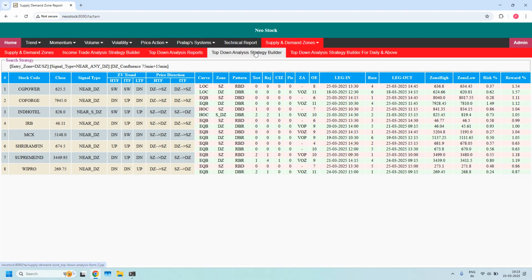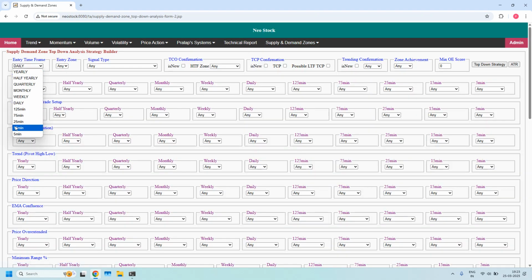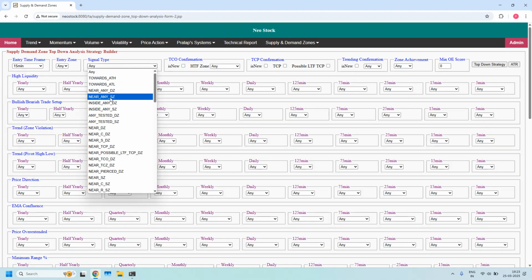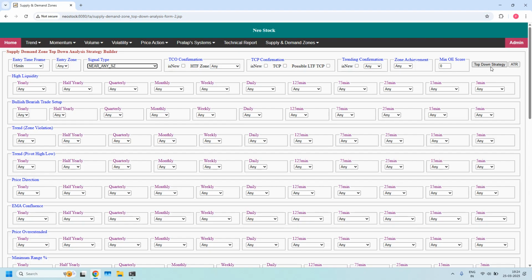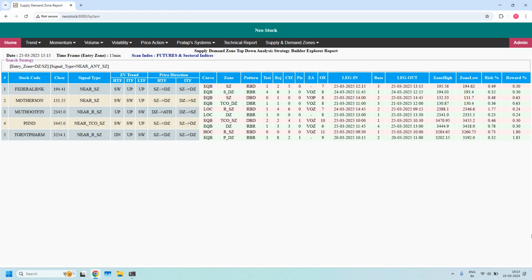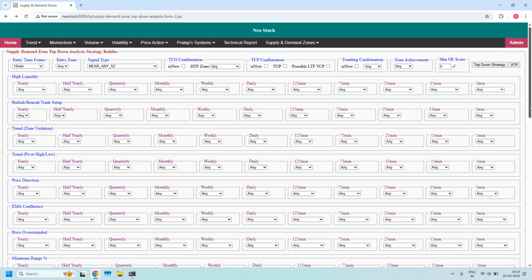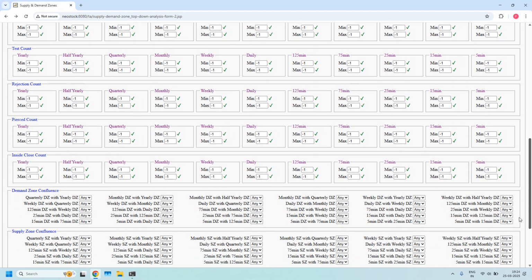Okay, next, for 15 minutes time frame, stocks near 15 minutes supply zone, we got 5 stocks. Out of these 5 15 minute supply zones, how many are having confluence with 75 minute supply zone? Let us verify.